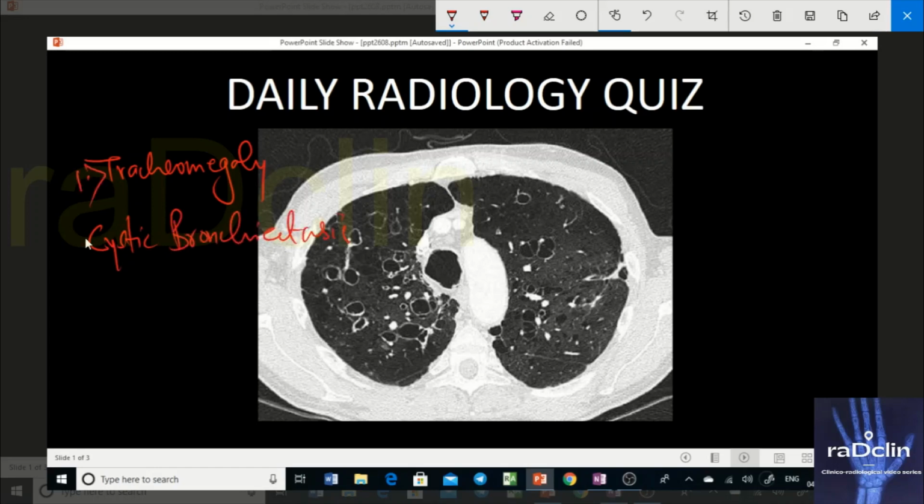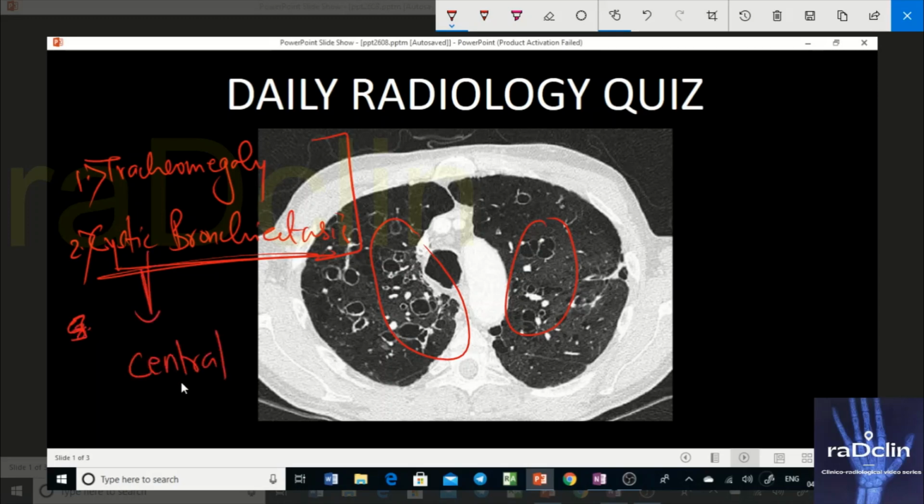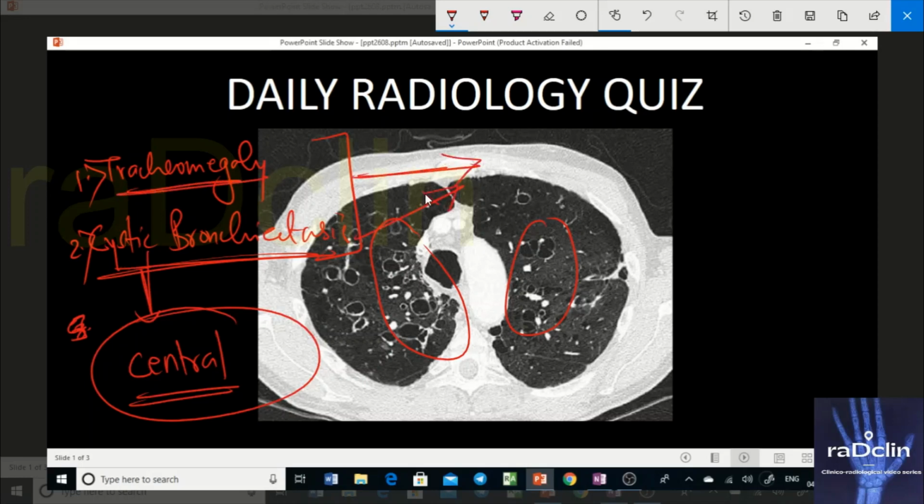If you look at this cystic bronchiectasis, it's typically parahilar. More and more cysts are towards perihilar, so I should call it central cystic bronchiectasis. Central cystic bronchiectasis with tracheomegaly, this syndrome that you remember always with these two features is your Mounier-Kuhn syndrome.